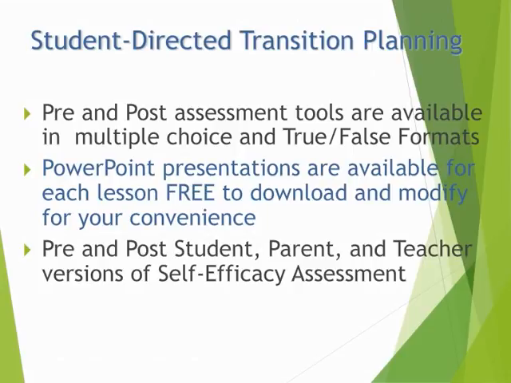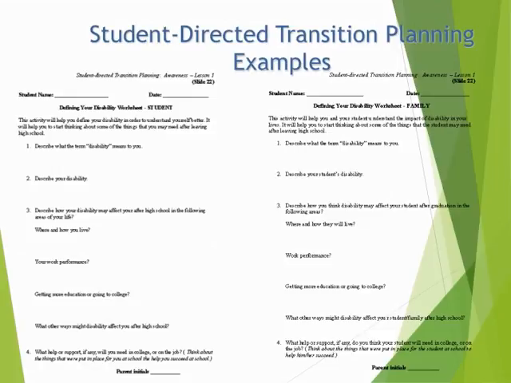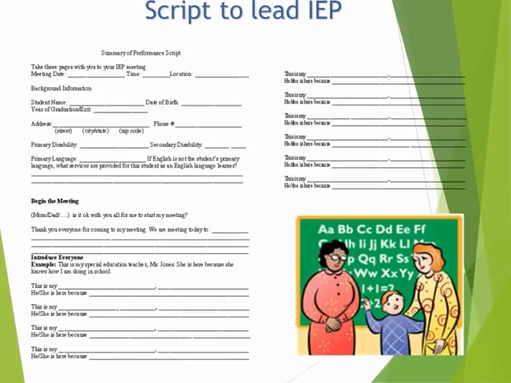You can change things from multiple choice and true/false within the assessments as well. Here is an excerpt from one of the student-directed transition planning sheets. Here is an example of a summary of performance script.